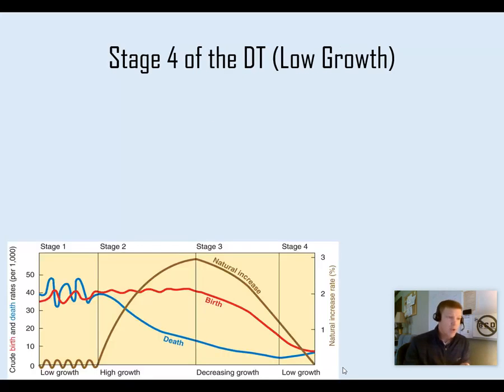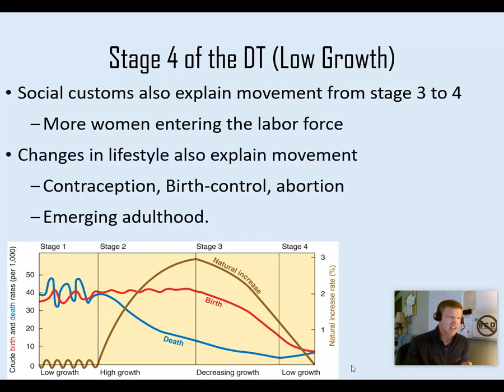Now, we had talked a little bit about what that looks like. Well, fewer women are having children for a variety of reasons. One, children are expensive in a developed country. The other thing is you have more women in the labor force in a developed country on average.